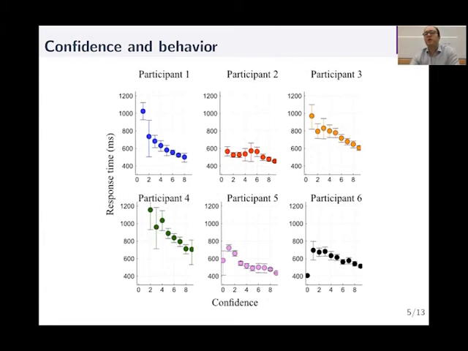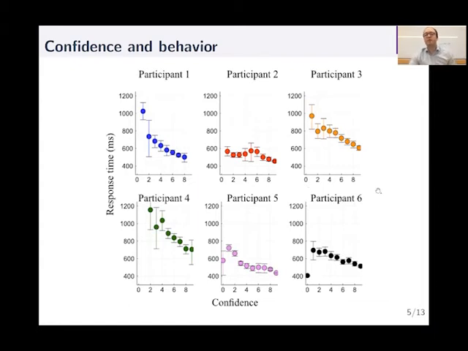But there is one thing that all have in common, which is that the response time is a decreasing function of the confidence, which makes sense because if your confidence is high, that means you are almost certain that you had the correct answer. Your decision had to be fast because that more or less means that it was an easy decision for you.